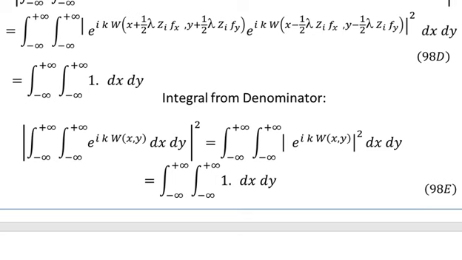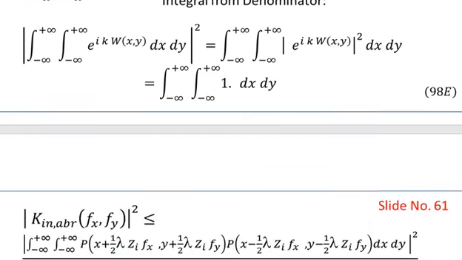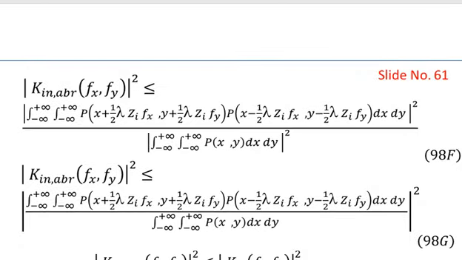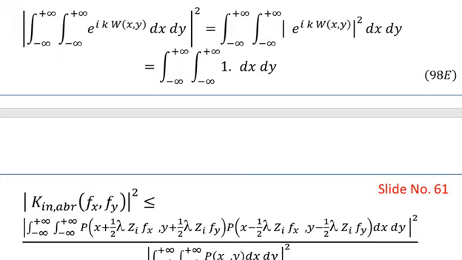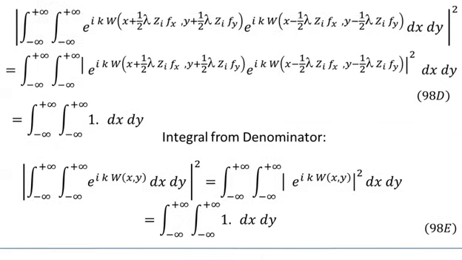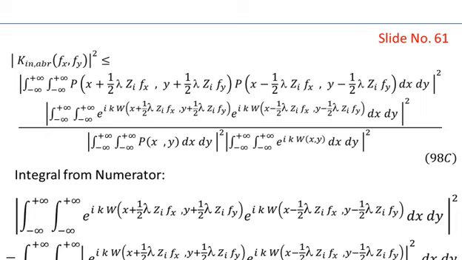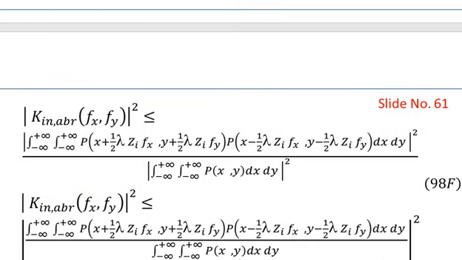So both integrals given in the last step of equation 98D and equation 98E are equal and will cancel out, because one belongs to the numerator and the other to the denominator. So the simplified result is free of the exponential terms which were present in the integrals. We have got rid of these exponential terms in the integrals in equation 98C, and now we have obtained equation number 98F.